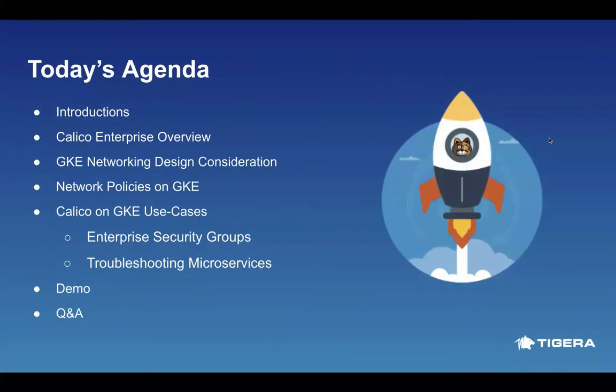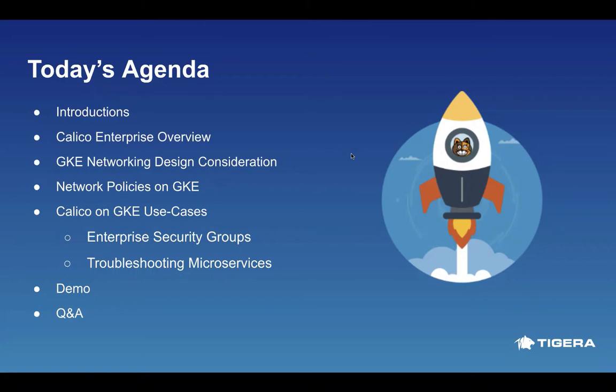So as I mentioned, from today's agenda, we'll be doing a quick overview of Calico and Calico Enterprise. If you don't know much about it, this is a good quick overview. Before we jump into network policies on GKE, I would like to talk about the overall options in terms of network design consideration, including both networking and policy when it comes to running GKE.